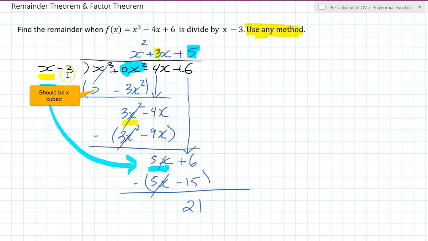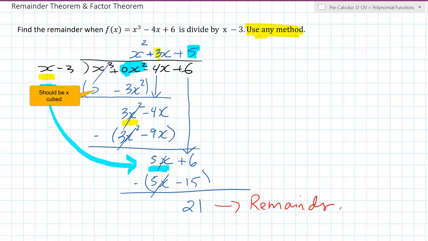You want to get 5x out of the x. That is the line in here, so it's showing you what's happening. So you have to multiply 5 by x and then 5 by minus 3. You're going to get a remainder of positive 21. That's the remainder.